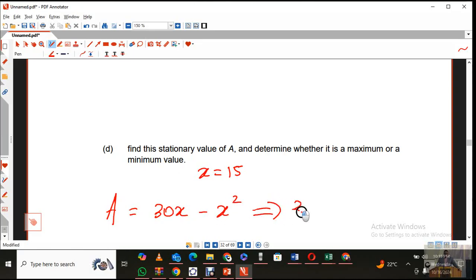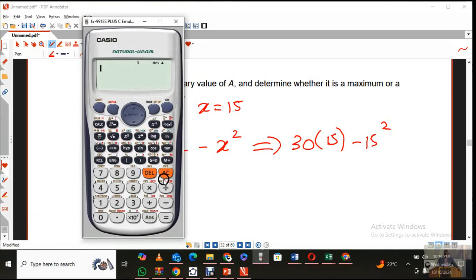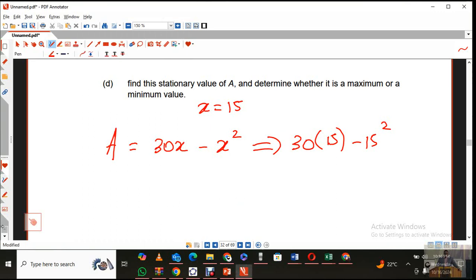So it's going to be 30 times 15 minus 15 squared, which is 30 times 15 minus 225. So the answer is 225. That's it, the area.